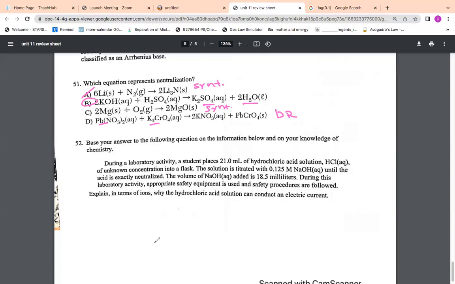So they give us all this information and then they're asking, explain it in terms of ions. So the word ions must be in your response. Okay. So for 52, we can keep it very simple. We can say that HCl aqueous has ions in water, which are mobile.